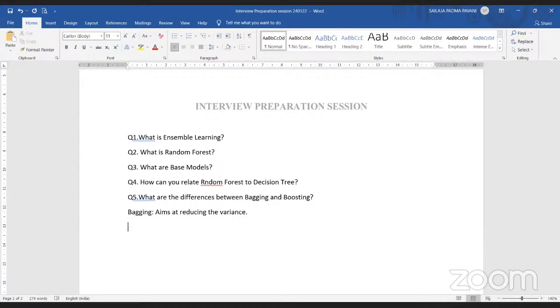Now, what is boosting? What is boosting? It mainly focuses on reducing bias.